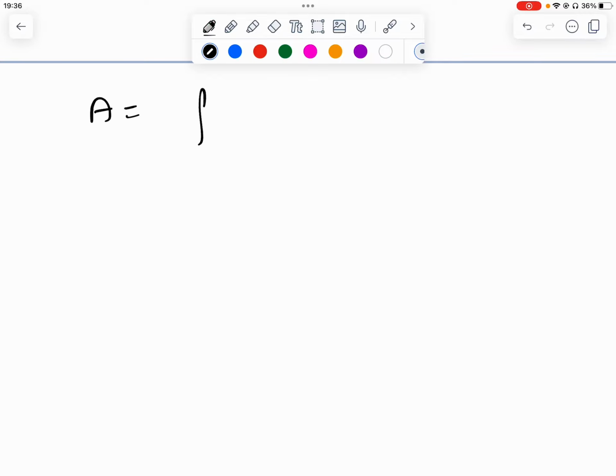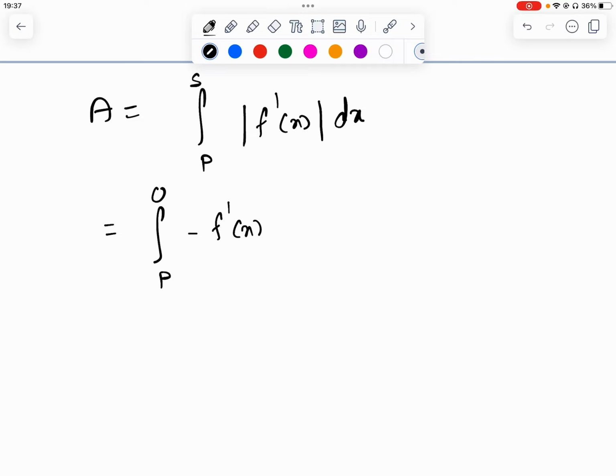Area from P to S equals the absolute value of f prime x, because total area, as I told, is absolute value: negative area plus positive area. We can see that from P to 0 it was negative, so we take the negative of that one, and from 0 to s it is positive. So add these two.